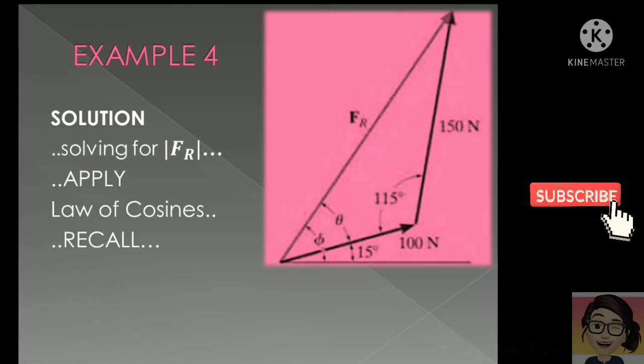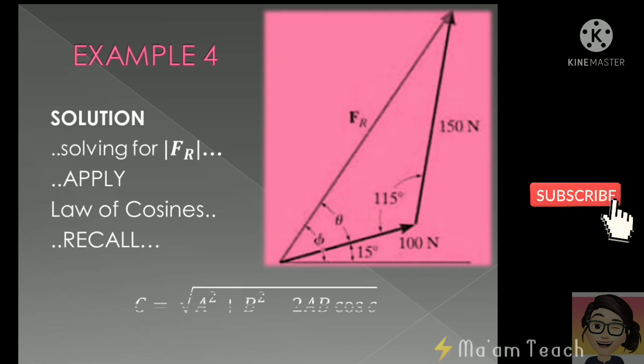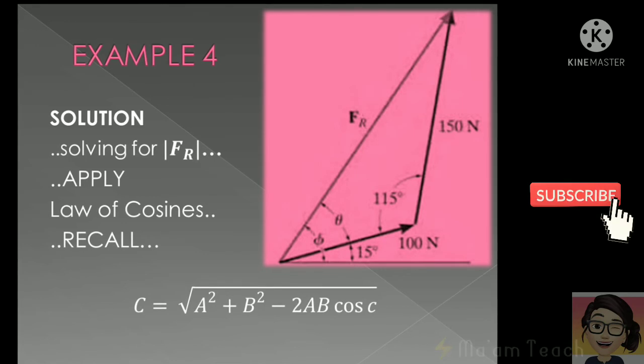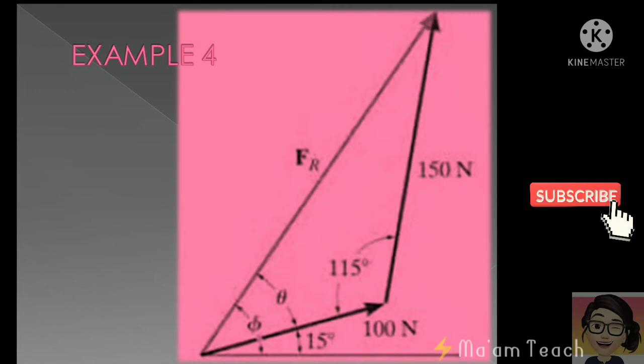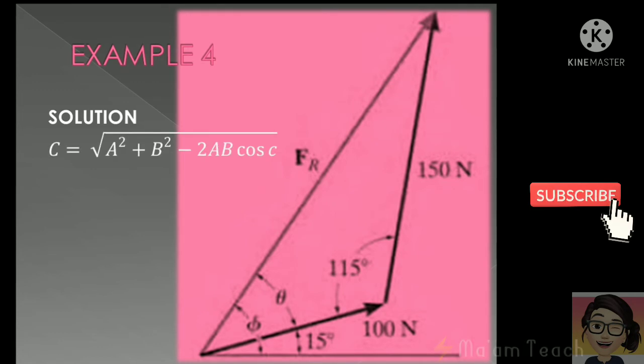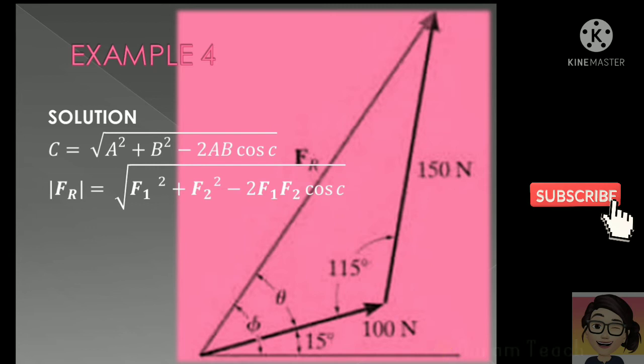And if you recall, what's the formula of law of cosines? It's this, as you can see. So where is that A, the B, and the small letter C? Let us analyze here. From this figure, our C is this F sub r.